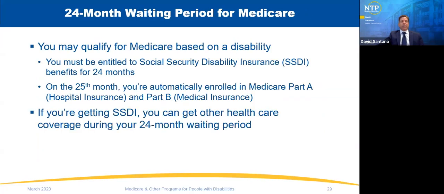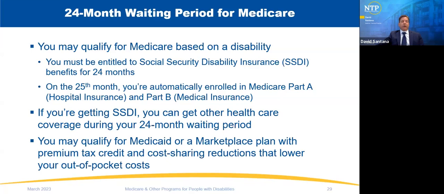Now, when we talked about the 24-month waiting period, usually you will get automatically enrolled in Medicare in the first month of the 25th month, after you have waited that 24th month, right? So if you're getting disability benefits, you can enroll in other healthcare programs within that 24-month waiting period.